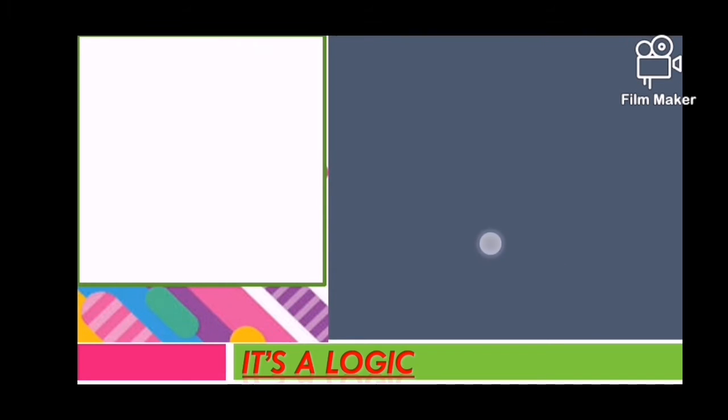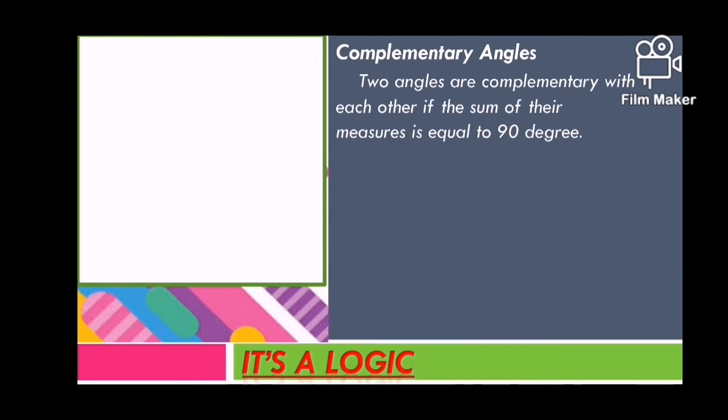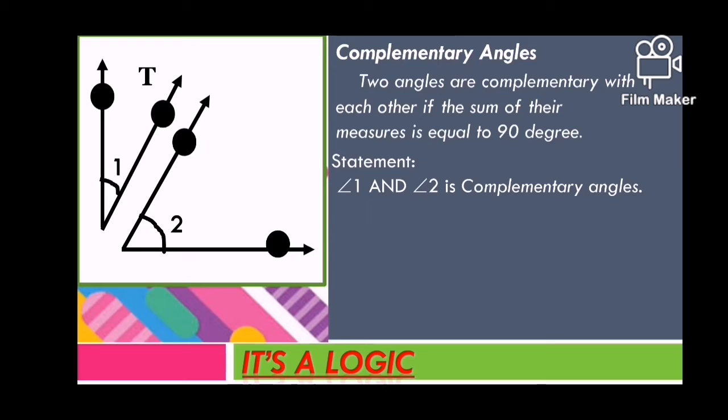The first angle pair that we have is the complementary angles. Two angles are complementary with each other if the sum of their measure is equal to 90 degrees. So we have the statement: angle 1 and angle 2 are complementary angles.